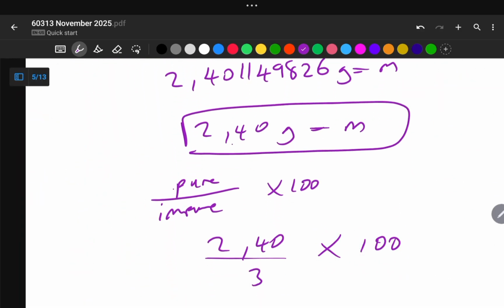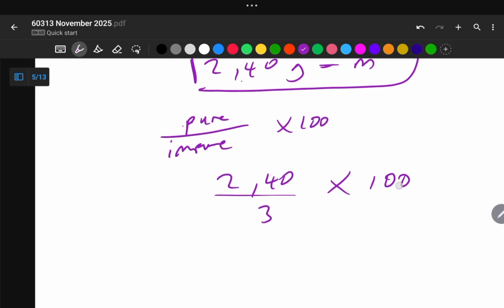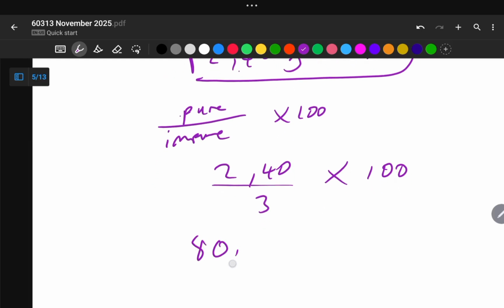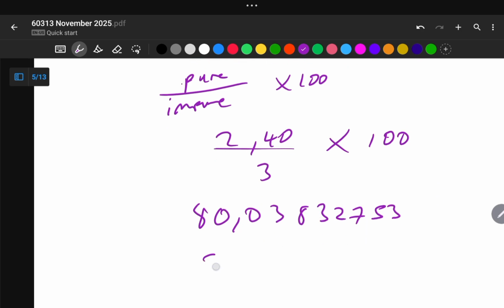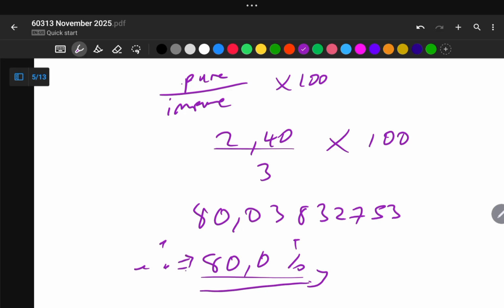We simply punch this straight into our calculator, divided by 3 multiplied by 100, and then we are going to have 80.03832753, right? So to the nearest 1 decimal place, it is 80.0%. This is the percentage purity, and we are done, right?